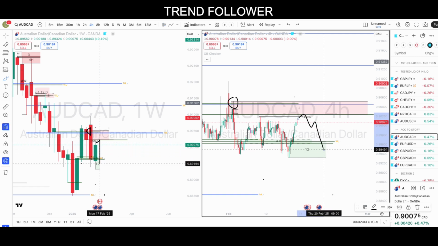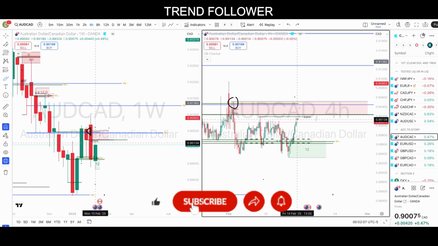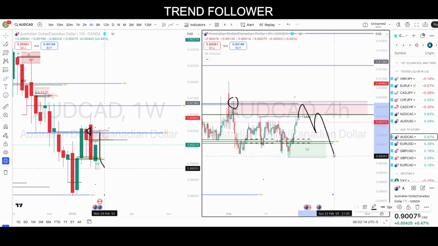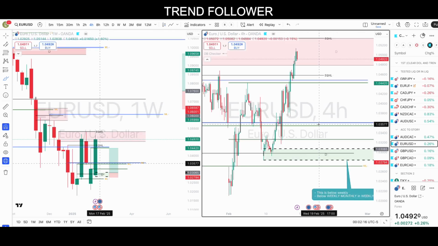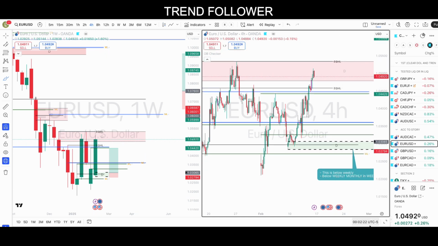But to make sure that I'm not getting manipulated like this, what I would like to see is some kind of supply form here, and then I will short that, right? So that's AUDCAD.